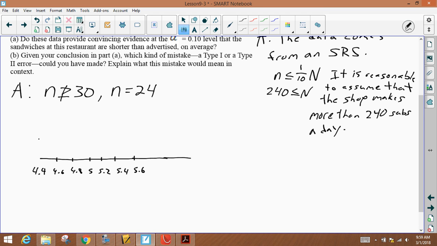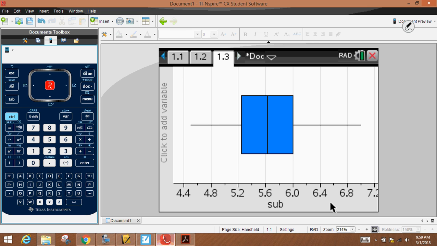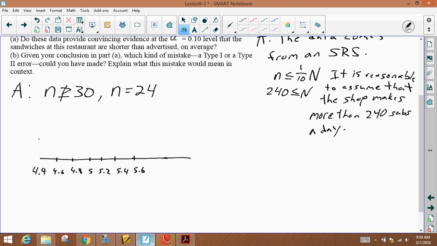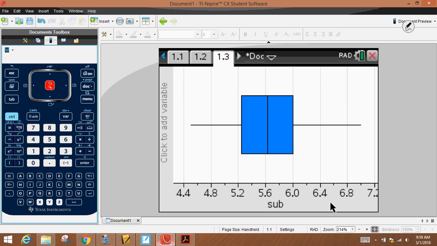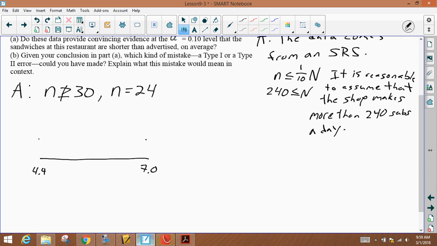I'm just going to go shorthand. I was going to make a really nice looking one, but I'm going to just do 5.2, 5.2.